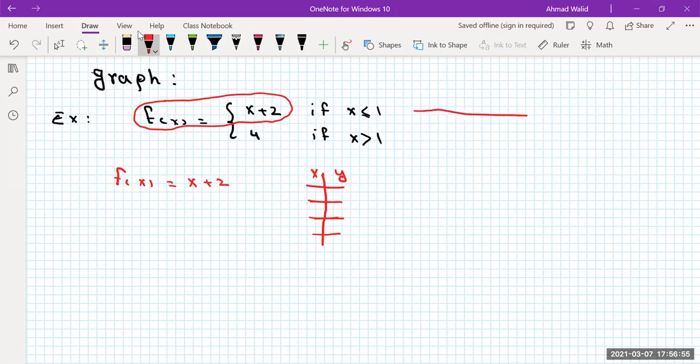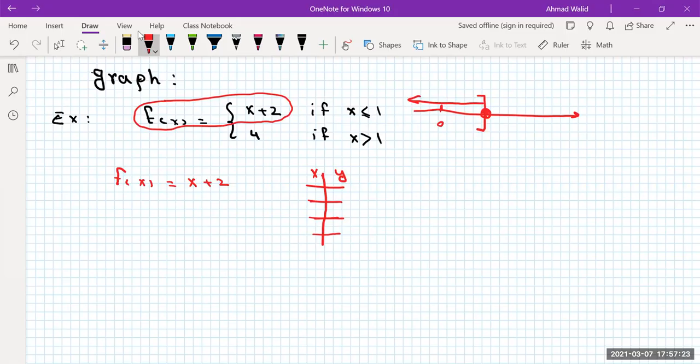Look, if you draw your number line, this is 0, this is 1. On 1, you have a closed circle, or a bracket. x is less than or equal to 1. It means x can take all these values, from 1 to negative infinity.